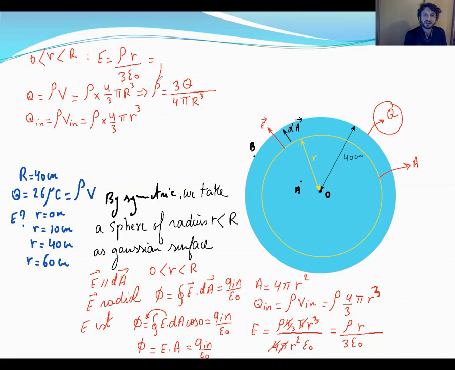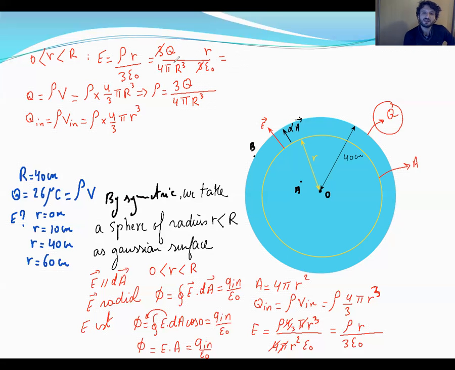We substitute this value here. We get r over 3 epsilon 0, with rho equal 3 Q divided by 4 pi R cube. We get 3 and 3.